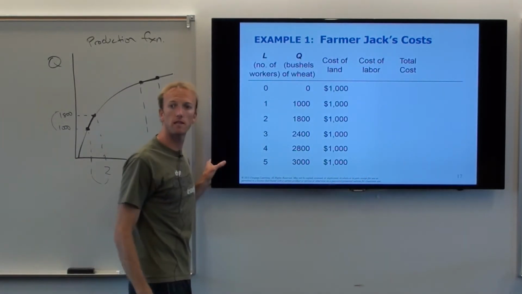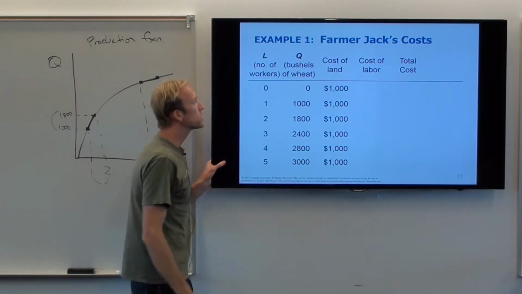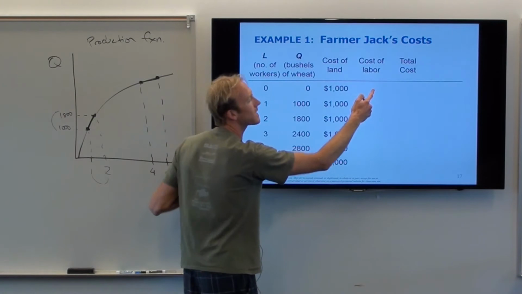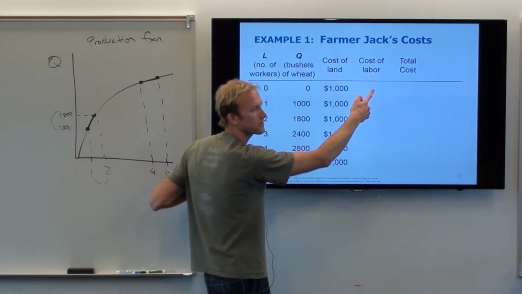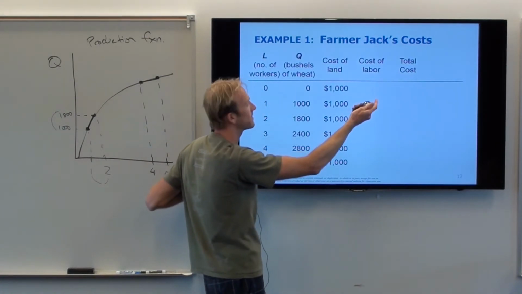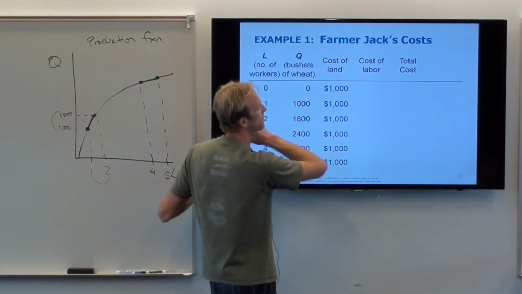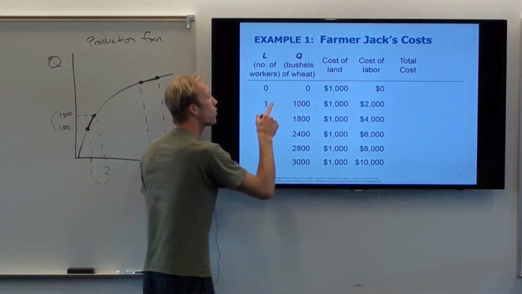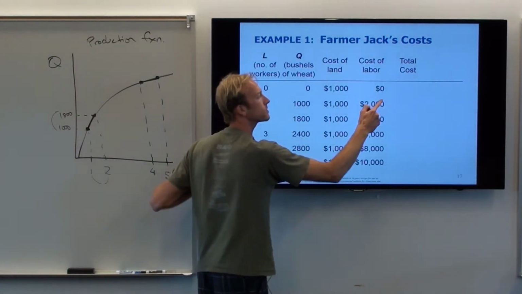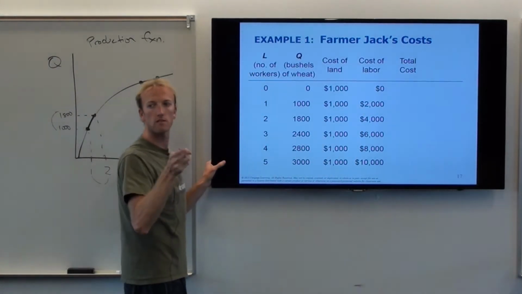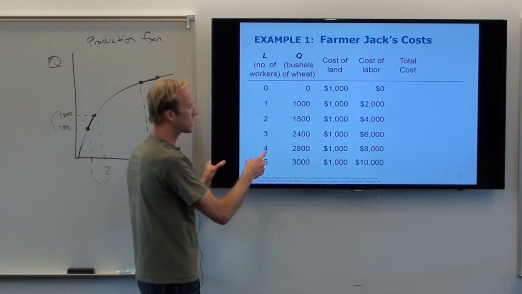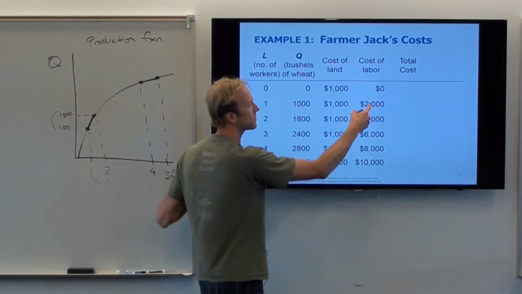The cost of the laborers, right? So if he has 0 laborers, how much does his labor cost? This is easy. If he doesn't hire anyone, 0, right? There we go. But if he hires 1 person, how much is he going to pay him? $2,000, right? He has to pay $2,000 per person.